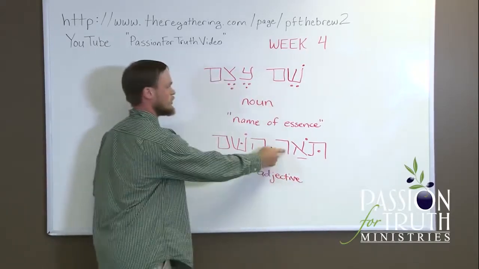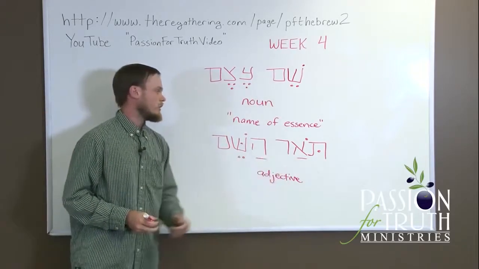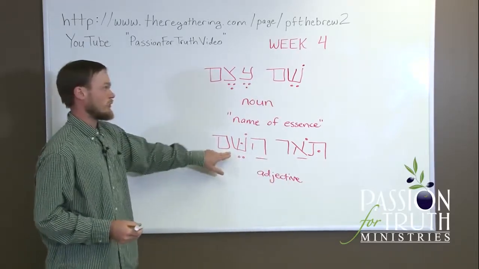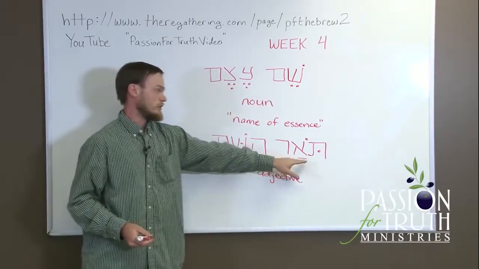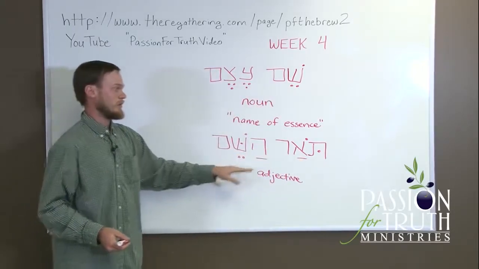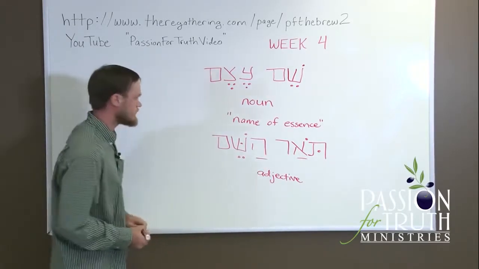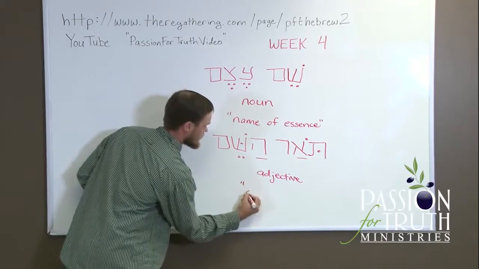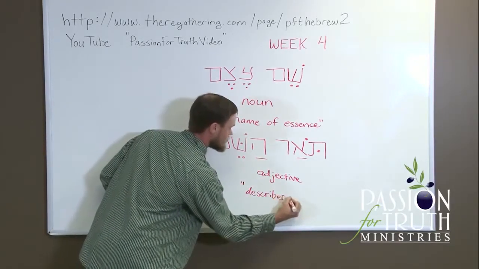Sometimes it's shortened to just toar. And in toar hashem, the shem is referring to the shem in the shem etzem of a noun. So this literally means describer of the name, but it means describer of the noun. Toar is describer. So that is what an adjective does, it describes a noun.